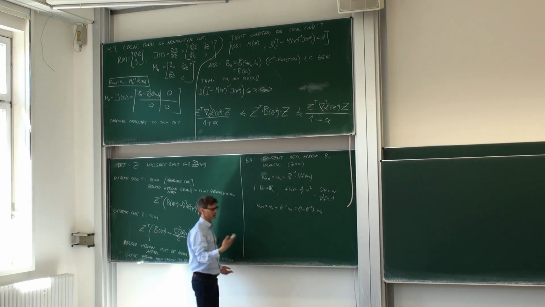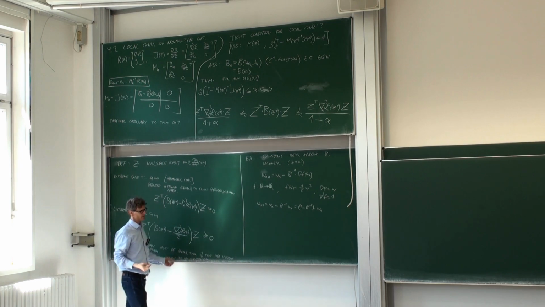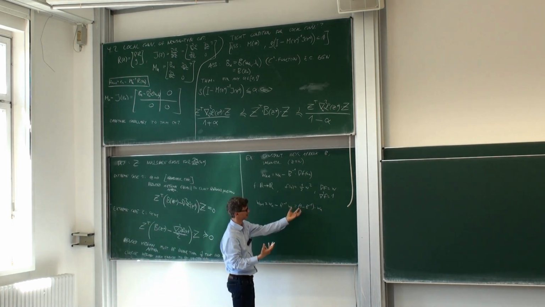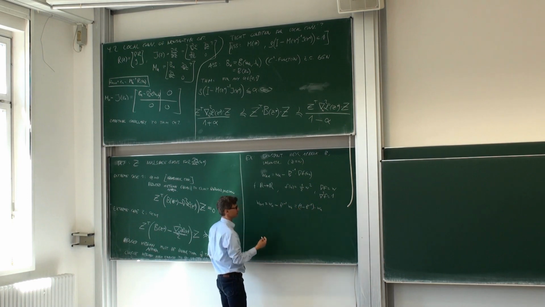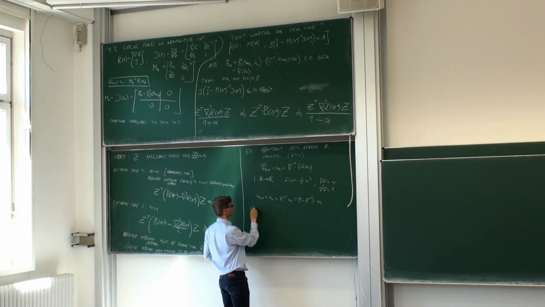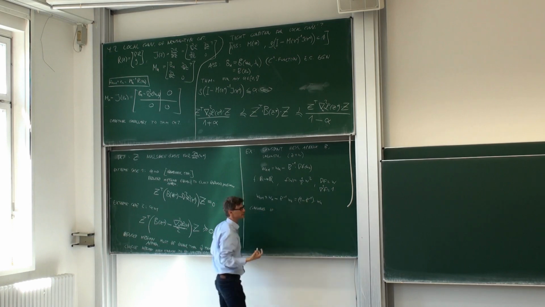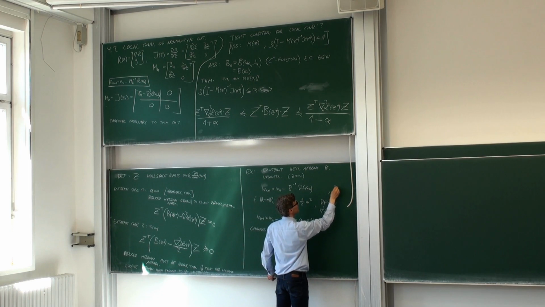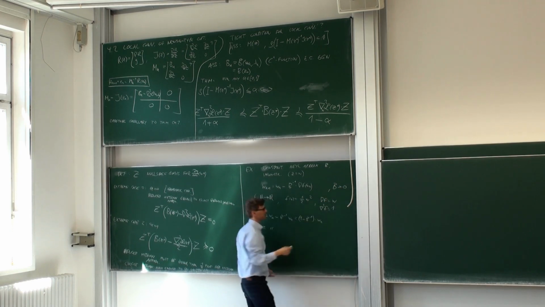And you see immediately when this will converge: it will converge if the spectral radius of this matrix is smaller than 1. Now we should check when it converges. This can be positive or negative; B is in this case just a positive number.